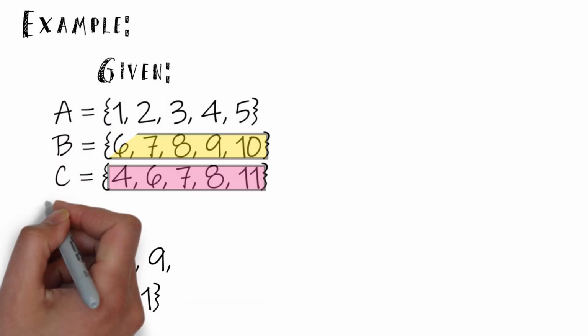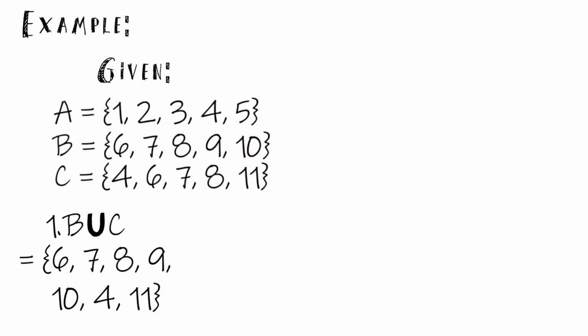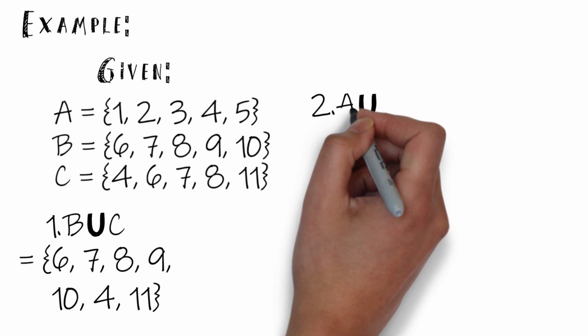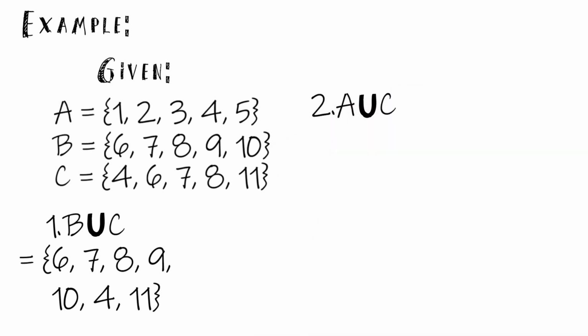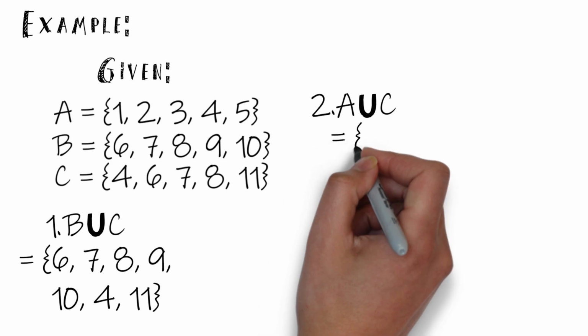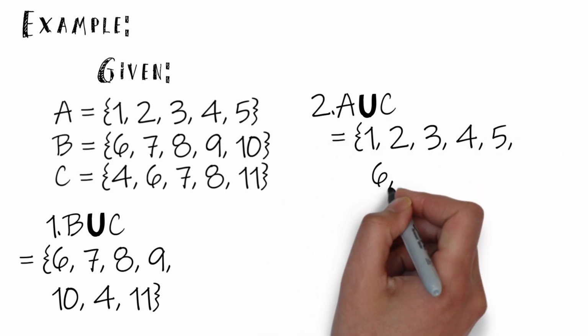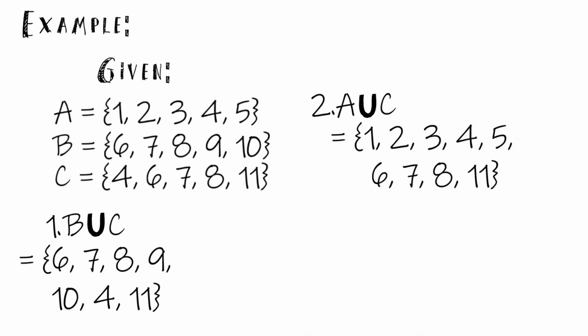Okay? So let's have another example for number 2. And number 2 would be the union of set A and set C. So let us just list down all of the elements of set A and set C as their union. So we have 1, 2, 3, 4, 5, and 6, 7, 8, and 11.